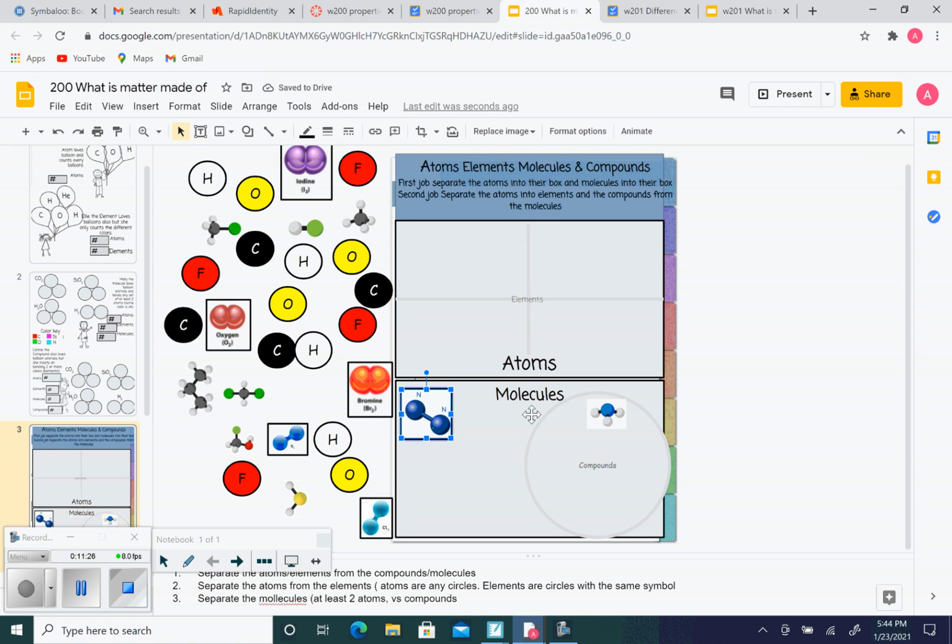Remember, all compounds are molecules. A compound is a special kind of molecule. Okay? You see how this one has 2 nitrogens? That is only one type of element. So it has to have 2 atoms, but if it's just a molecule, it can be the same atoms. If it is a compound, it must have different atoms. Okay? So sort yours to look like mine.